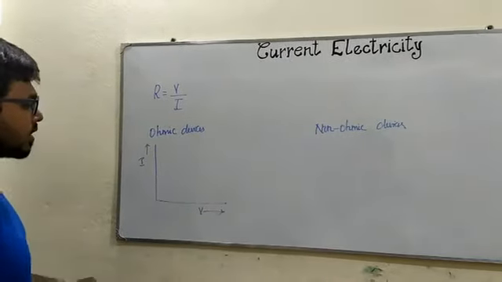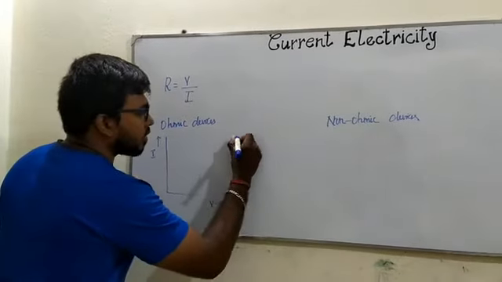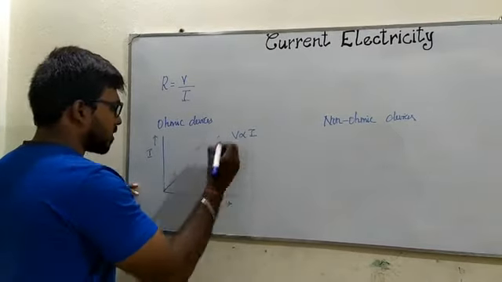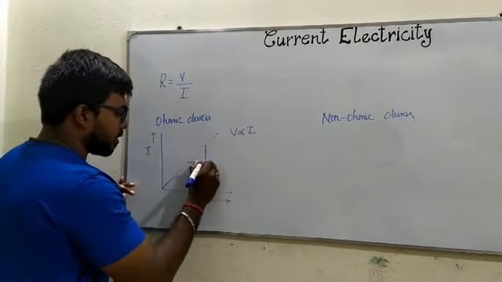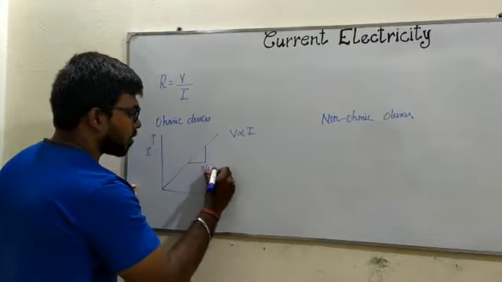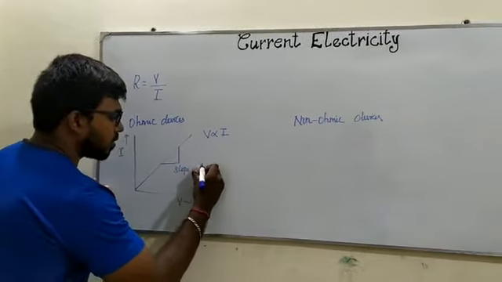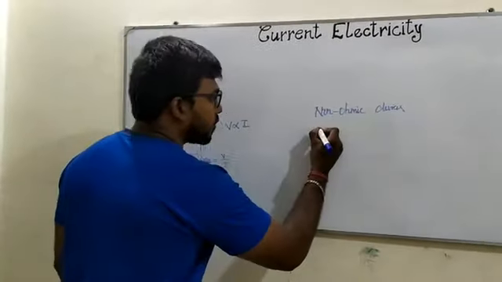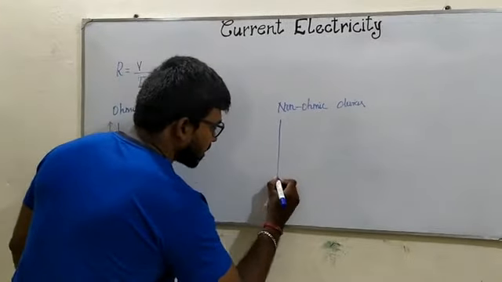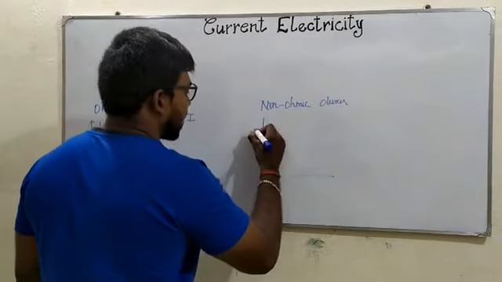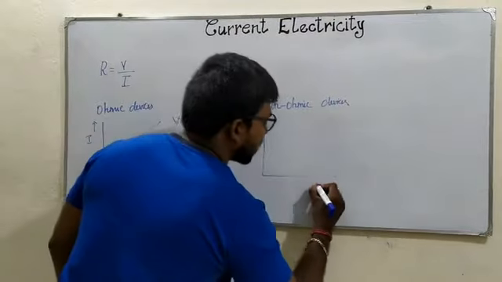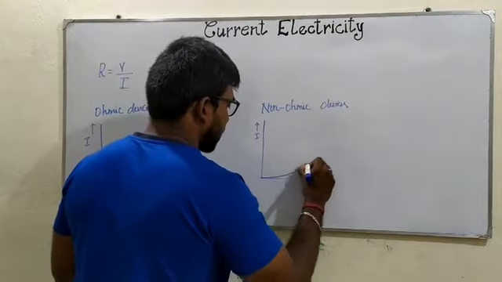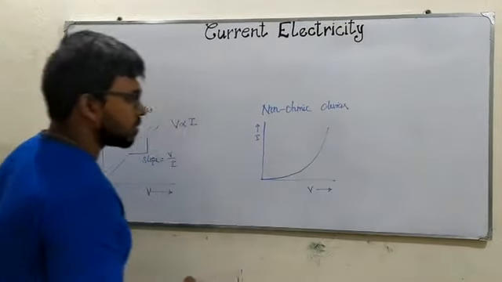For ohmic devices, V is directly proportional to I. In that case, a slope is formed, and slope is equal to V by I. In case of non-ohmic devices, the relation between potential difference and the current can be given by a curve.